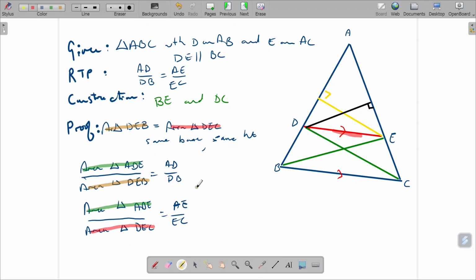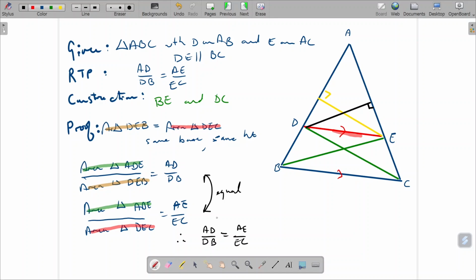Well, if these two green areas are equal, and the orange area is equal to the red area, then it must follow that these two areas themselves are equal to one another. And so what I now have is a situation where I can see that these two things are equal to one another, and as a result, it must follow that AD over DB equals AE over EC.